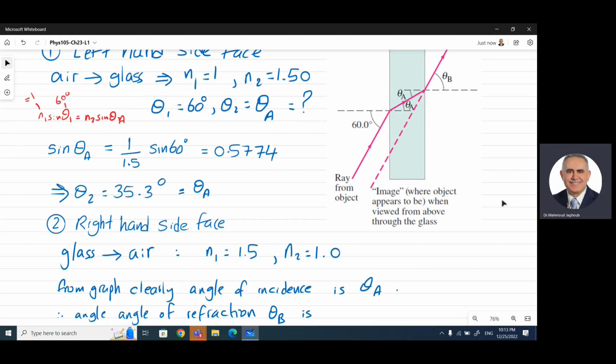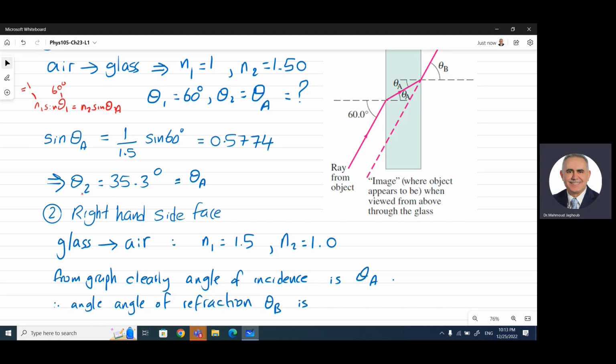And using the calculator, you can find that theta 2 equals 35.3 degrees, and he calls it theta A. Fine. So we know what is the angle of refraction here. It's almost 35.3 degrees.